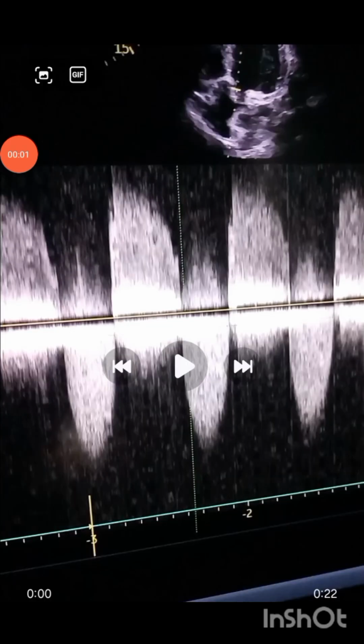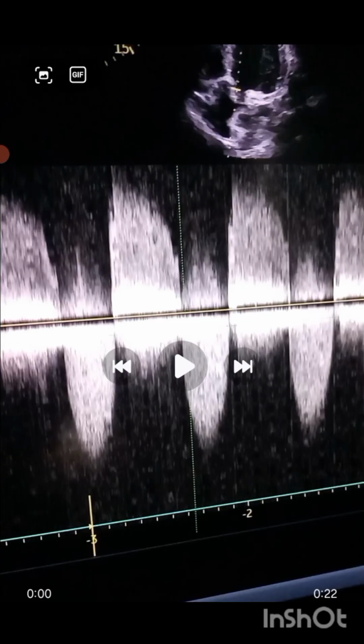Okay, in this video you will see the downward jet as an aortic stenosis jet. You will see the full envelope of the aortic stenosis jet, and the upper side is the aortic regurgitant jet.